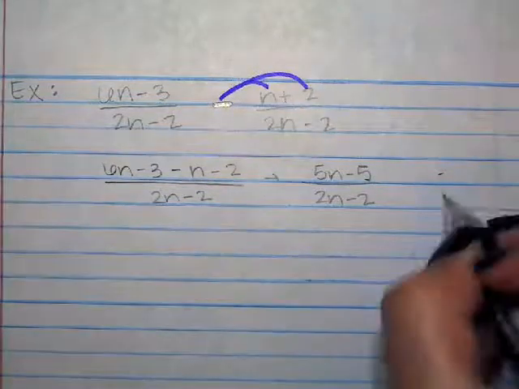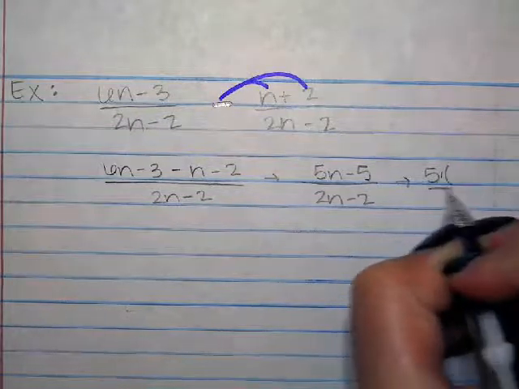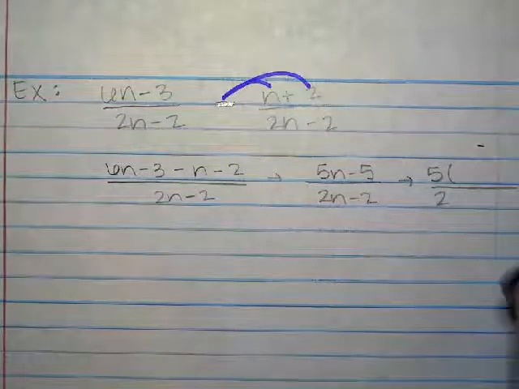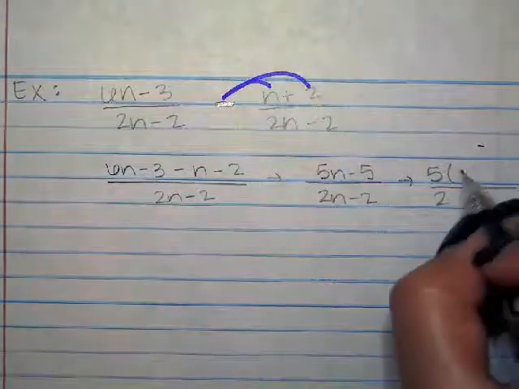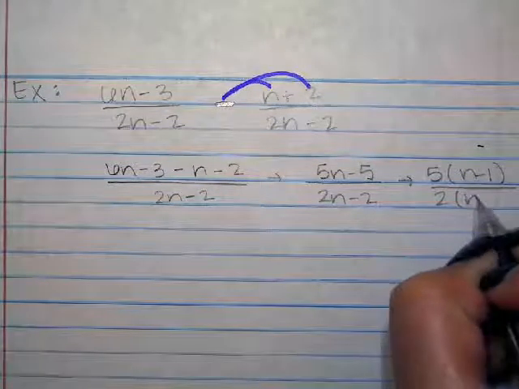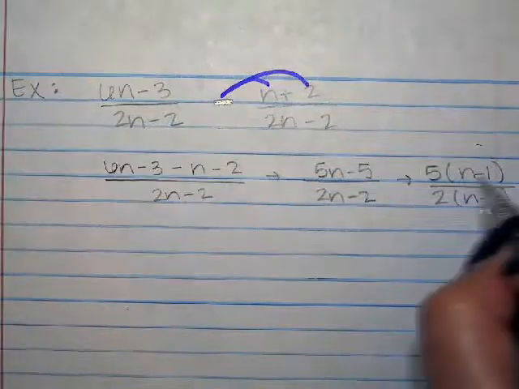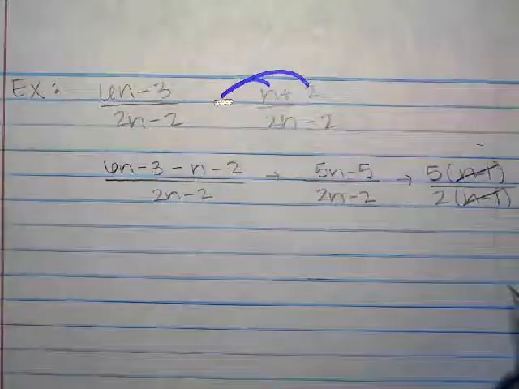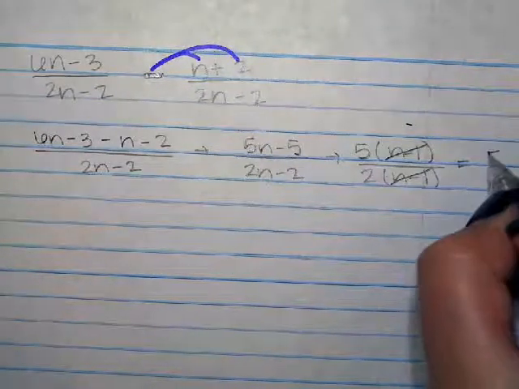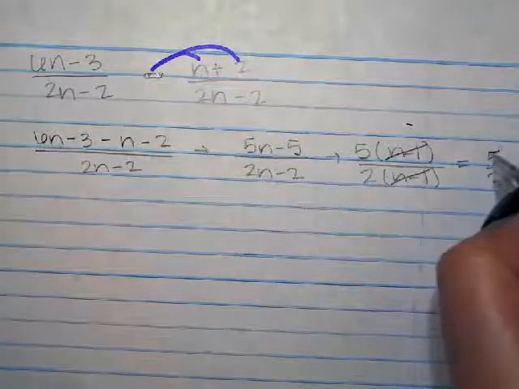What's the GCF on the bottom? So when you take the 5 out on the top, what do you have left over? When you take out the 2 on the bottom, what do you have left over? Oh, and then what happens? The n minus 1 cancels, and your end result is 5 over 2. The n minus 1 and the n minus 1 make a 1. And your end result is 5 over 2.